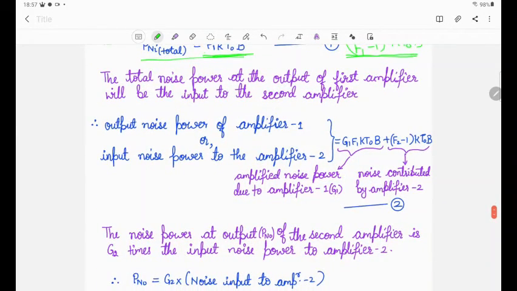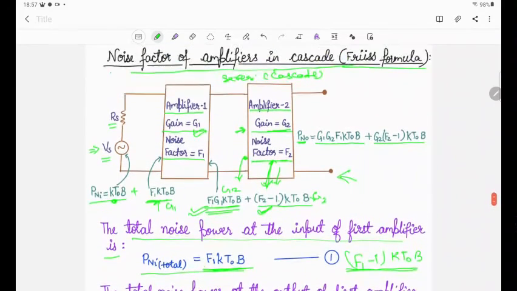Now the total noise power at the output of the first amplifier will be the input to the second amplifier. If you see the figure, this is the output of amplifier 1, and this output will be the input to amplifier 2. Let's say this is the V output. For amplifier 2, this V output will be treated as the input voltage or input power.